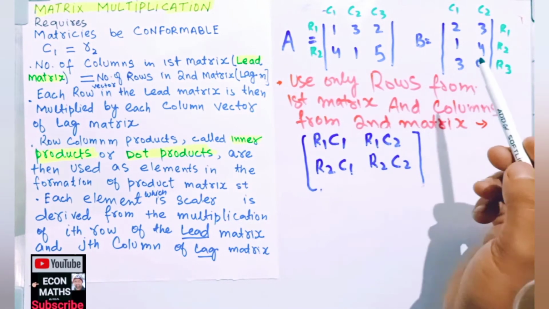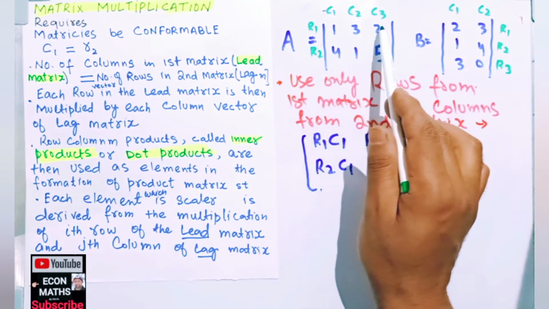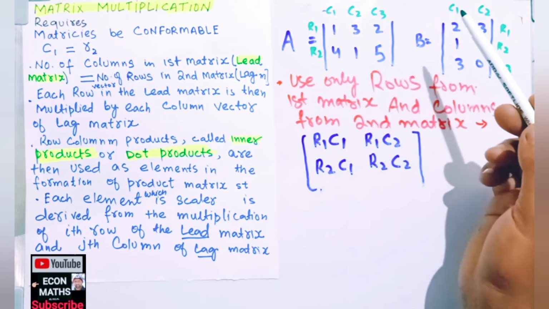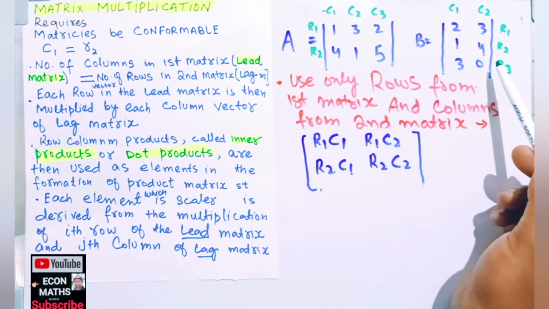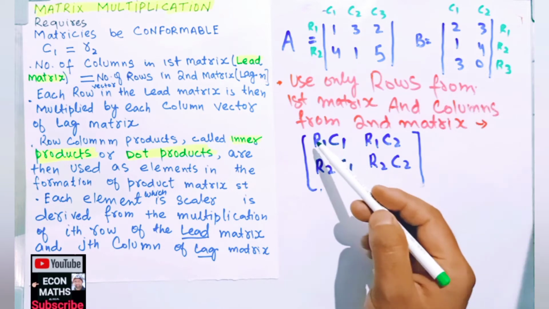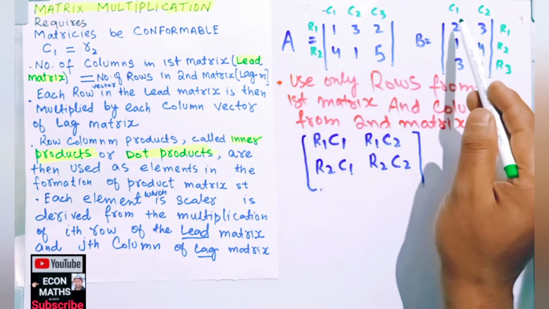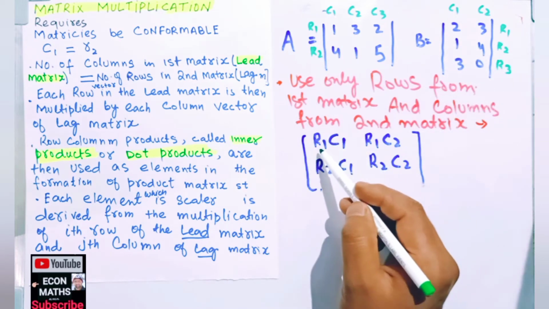Now we multiply the first row, R1 of the lead matrix, with the first column of the lag matrix, that is R1 C1, to get the first element.